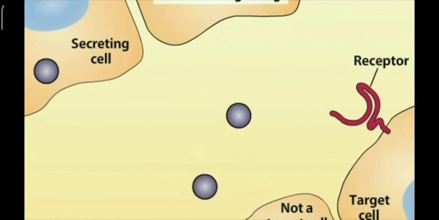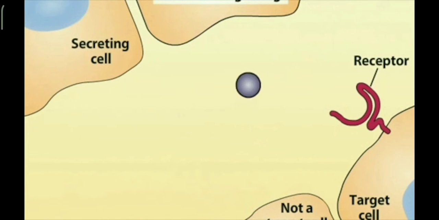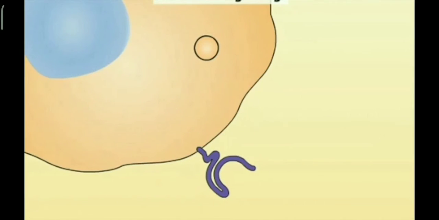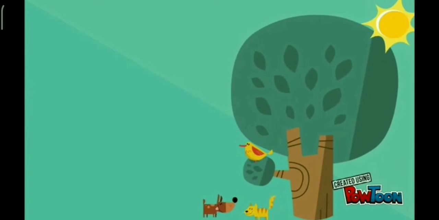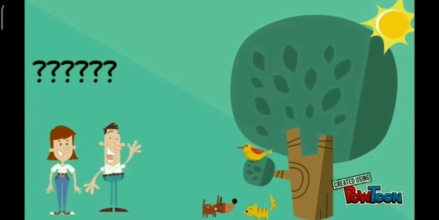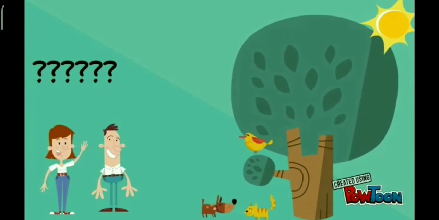Cells that release secretions to stimulate the neighboring cells are called paracrines. Cells that release secretions to stimulate itself are called autocrines. Organs that release secretions to stimulate other organisms are called pheromones.